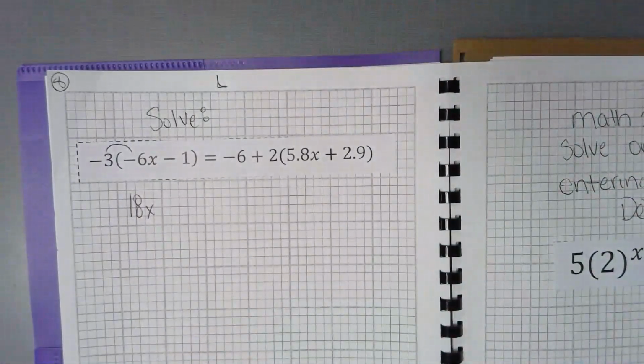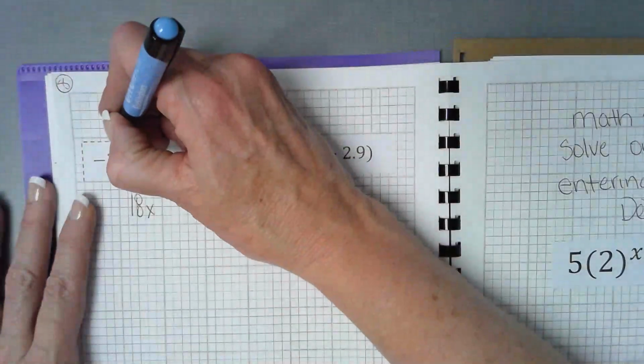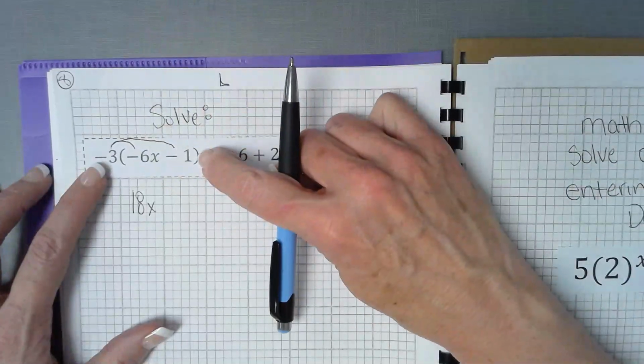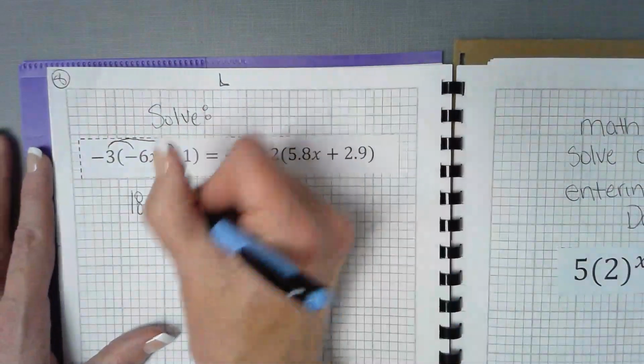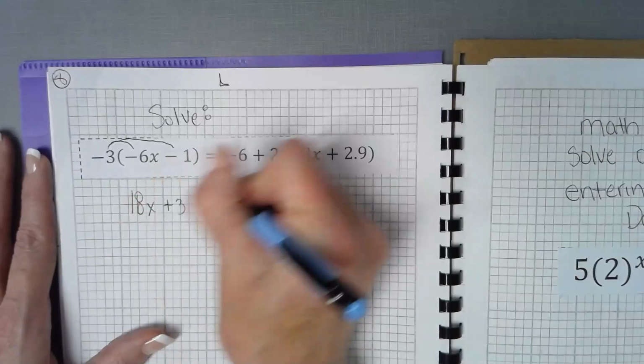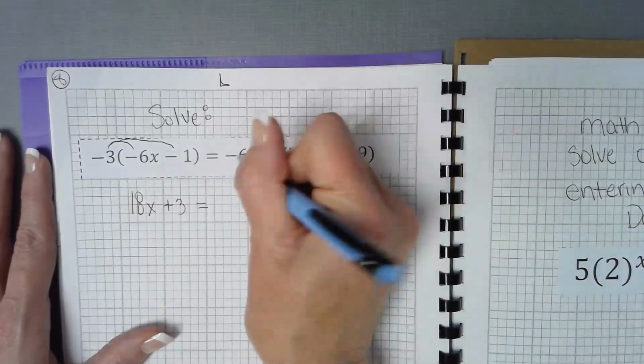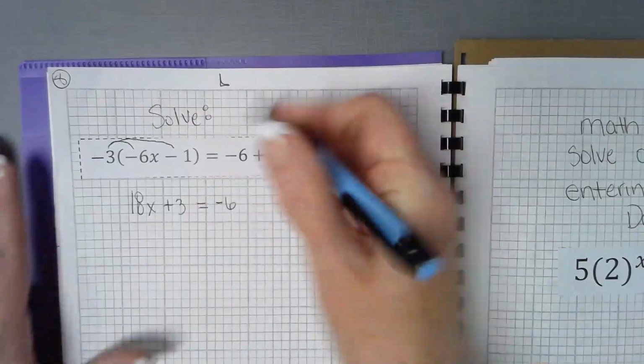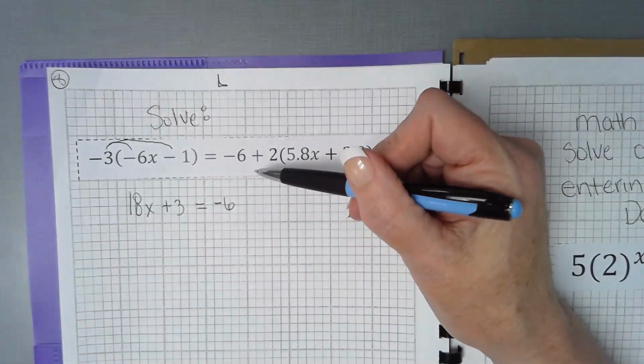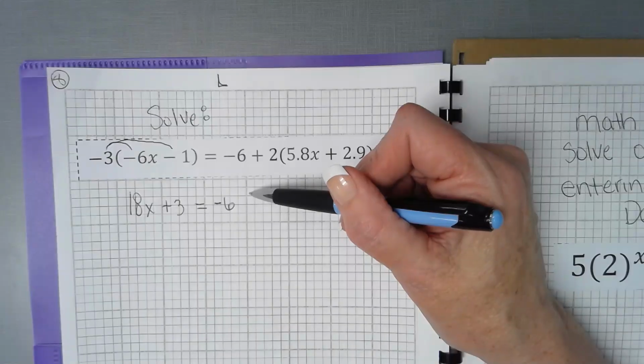Yeah, you're going to need a calculator when we get to it, Eli, but you got to write this. Negative 3 times negative 1, positive 3. Bring down my equal sign. I'm going to bring down my negative 6 because I'm not using it. It's not part of the distribution.